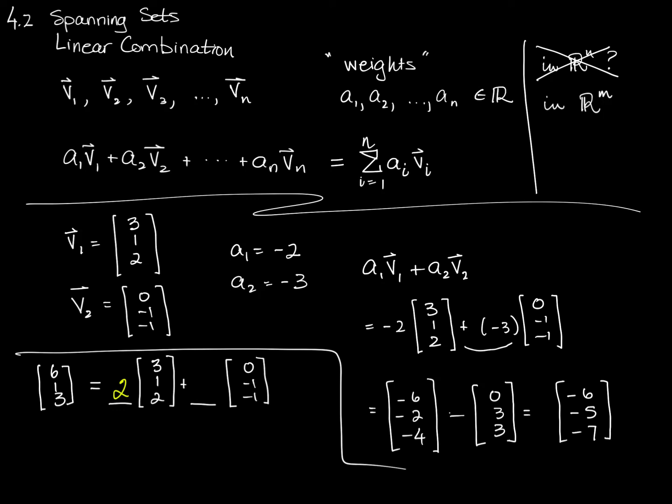Then I have 2 times 1 is 2 plus something times -1 is going to give me 1. 2 minus 1 is 1, so that's going to be a 1. Double checking with my third component, I get 4 minus 1 is 3. So in fact, I have found a linear combination of the two vectors v1 and v2 that produces the vector 6, 1, 3.